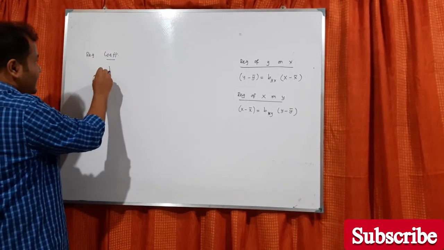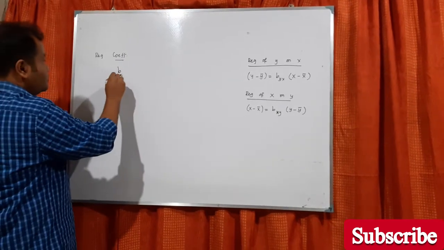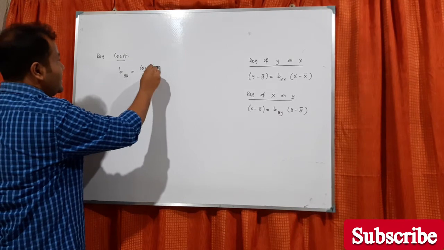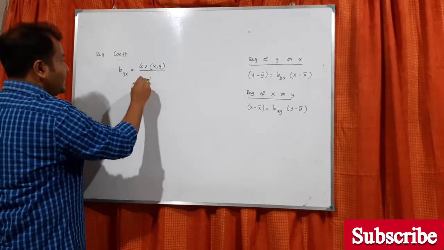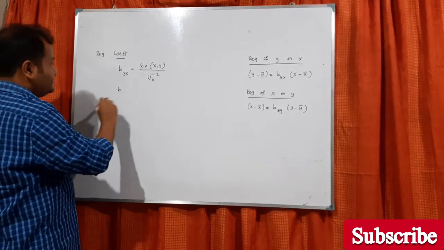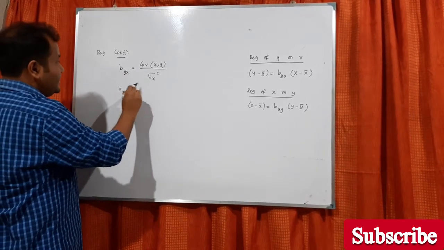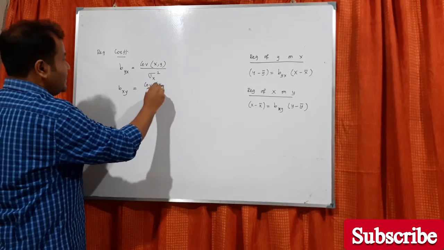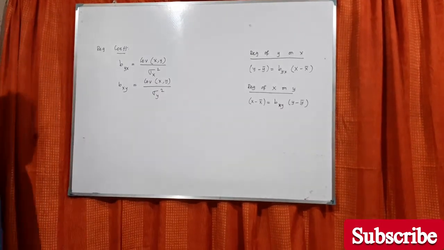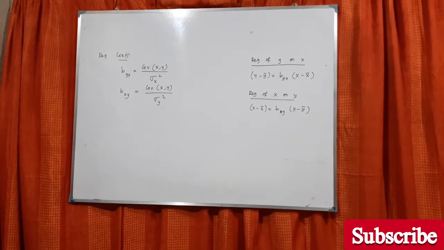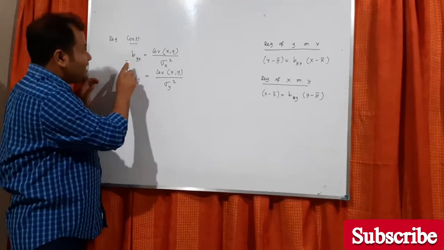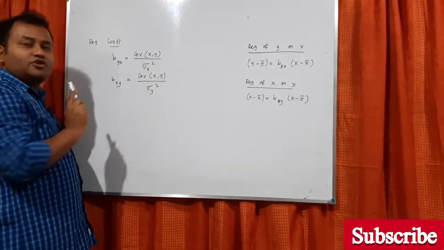There is a derivation, but I'll skip it. b_yx is covariance xy divided by sigma x square, and b_xy is covariance xy divided by sigma y square. Look into the pattern: covariance xy is common in both.